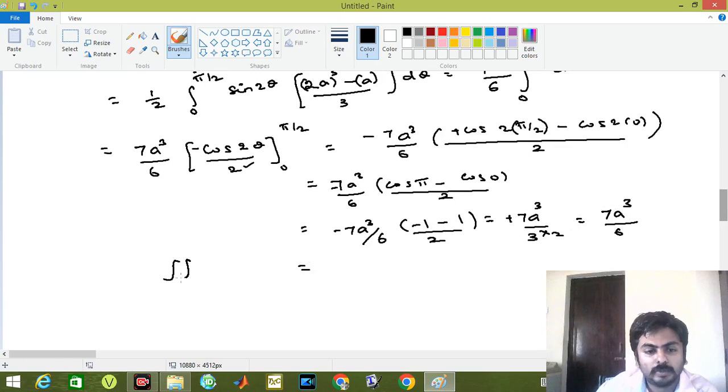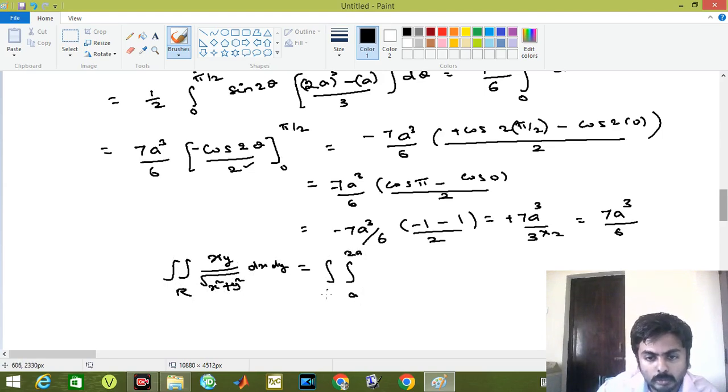The final result is: the double integral over R of xy divided by root of x square plus y square, x square plus y square dx dy, equal to the double integral a to 2a, 0 to pi by 2, that is r cos theta, that is r cube cos theta sin theta by r, that is r square.